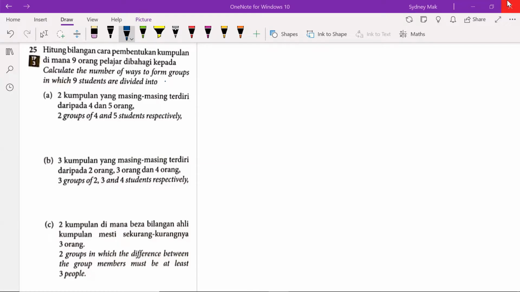9 students are divided into 2 groups of 4 and 5 students respectively. That means for part A, we have 9 students. First, we choose any 4. Starting with choosing any 5 is fine too. After we have chosen any 4, we're left with 5. Therefore, the remaining 5 students will form their own group.